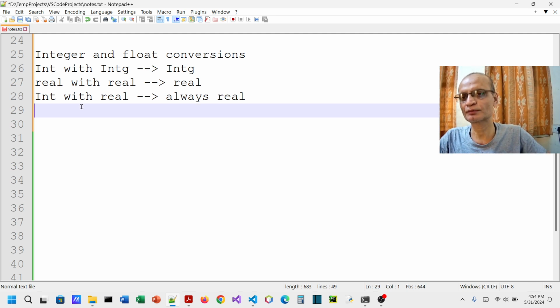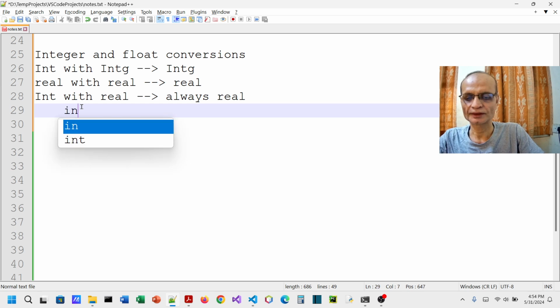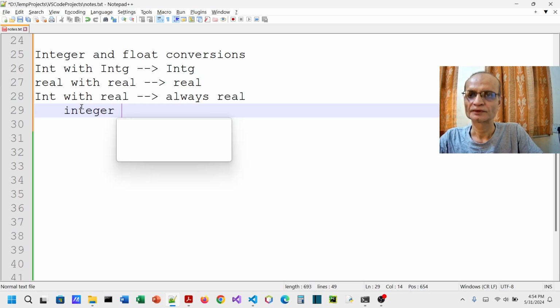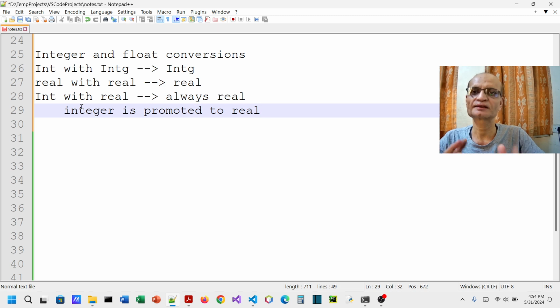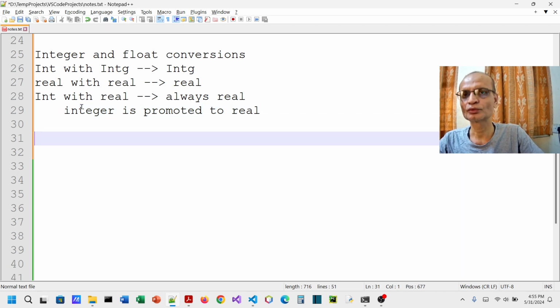So how does this happen? This is a very important point. The integer is promoted to real, essentially it becomes a float or a decimal number, and then that operation is performed. That is what happens when you have integer and float conversion.